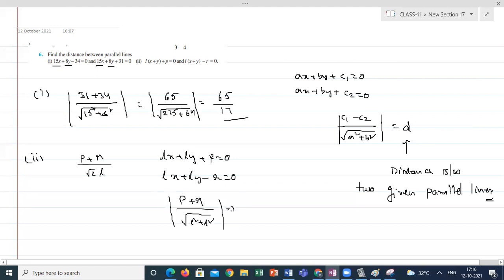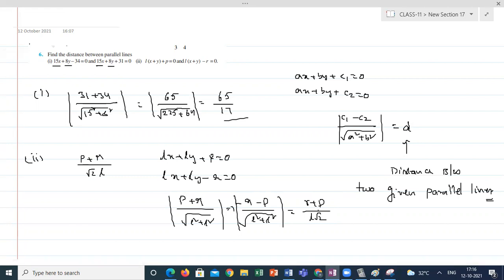Or I can take minus R minus P divided by square root of L square plus L square. So finally we'll get R plus P by L root 2, or root 2L. Clear? Shall I move to the next question?